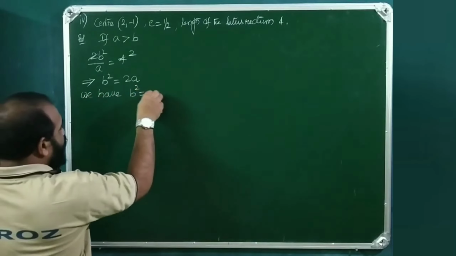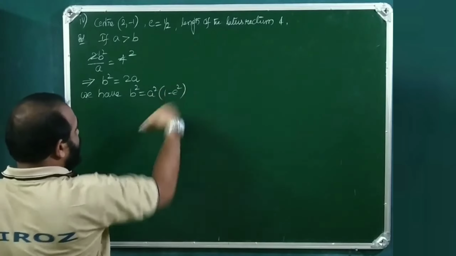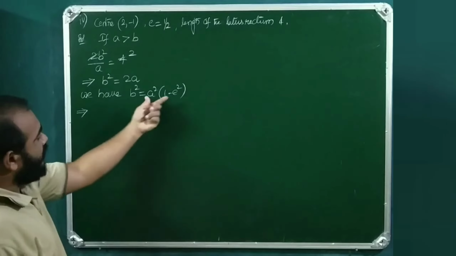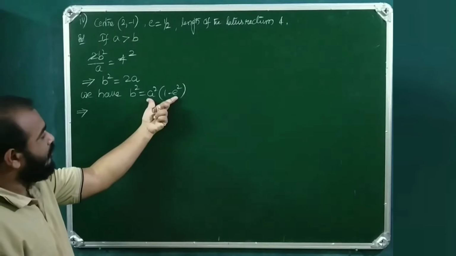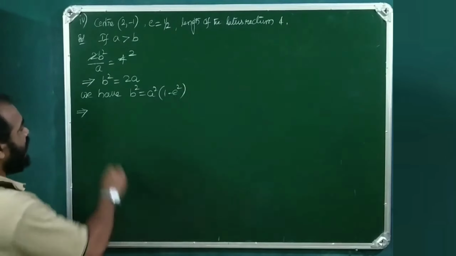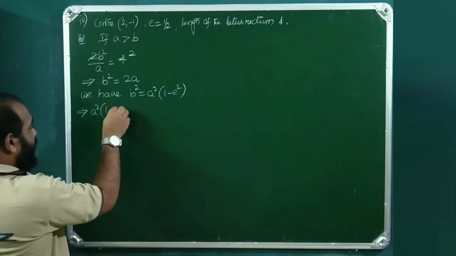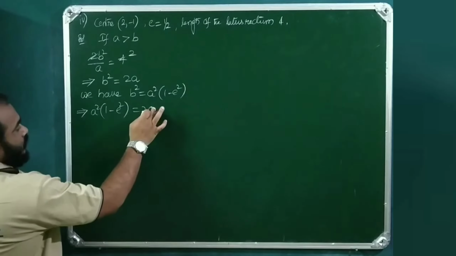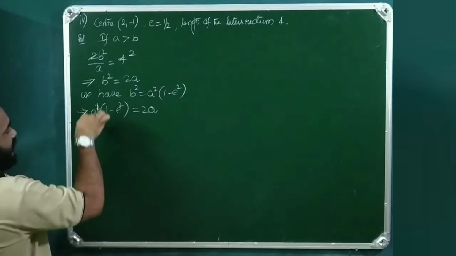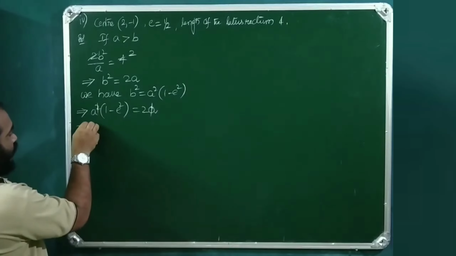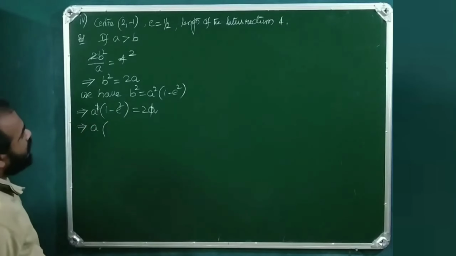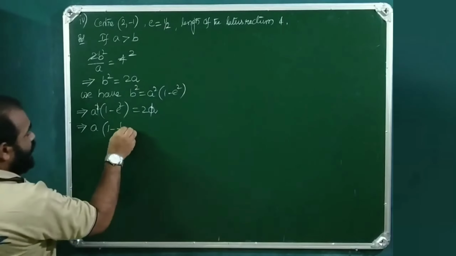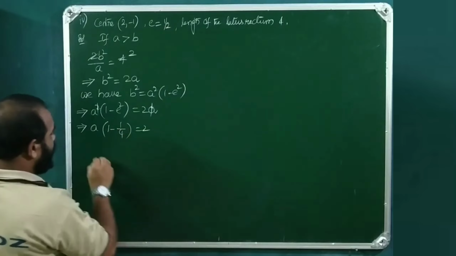So we have B square is equals to A square into 1 minus E square. From this, in the place of B square, let us replace B square with this. A square into 1 minus E square equals 2A. So this is equals to this and this gets cancelled. So A into 1 minus E square, which is 1 by 4, is equal to 2.